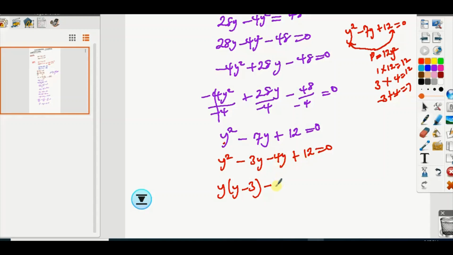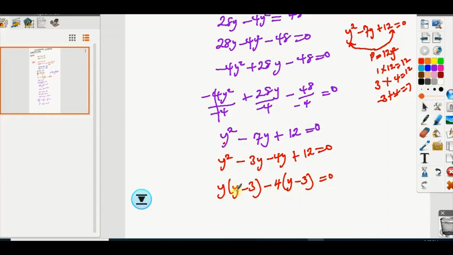You see that 4 is common. Write your 4 here. We have minus 4y divided by minus 4 to give a positive, which is positive y. Now what will be the value here? We have 12 divided by negative 4, it will give you negative 3, right? So it will be equal to 0.